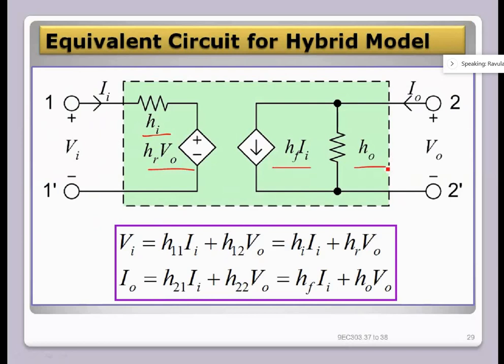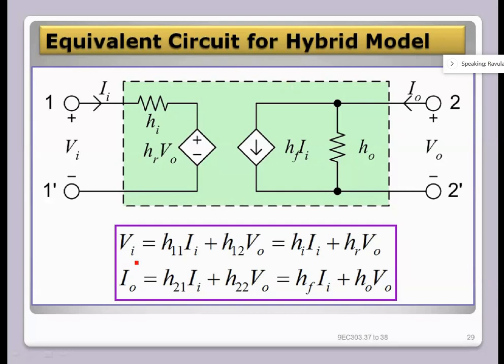We have already discussed input and output impedances, because these parameters are not physical parameters. We are just assuming the input and output impedances inside the transistor. So this is the two-port equivalent circuit, the internal circuit, the hybrid model for a transistor.